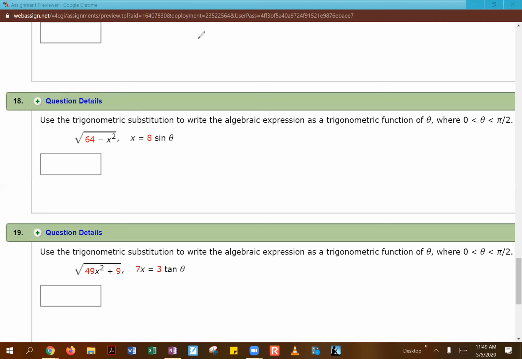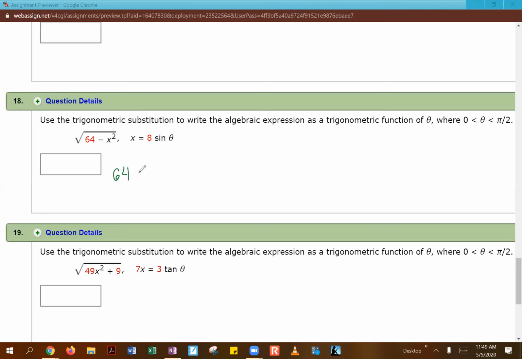When they're saying use the trig substitution, what do we do? We're going to substitute the x for the trigonometric function. Okay, so what will you end up getting?